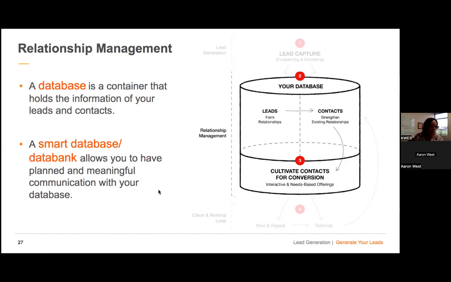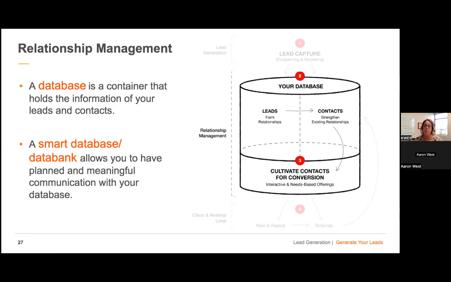Okay, it's going to provide you the ability to have planned and meaningful communication with those who are in your database and keeps you in relationship. So I love this. Nikki, you're going to hear this again because I already said it earlier in our Atomic Habits class, but think of your smart database as a data bank.